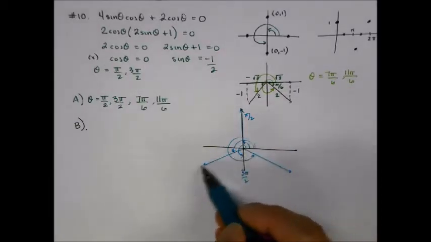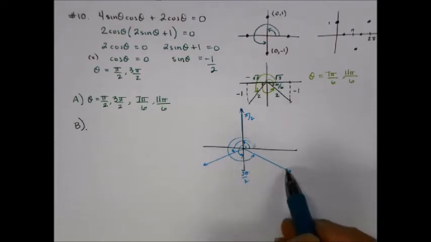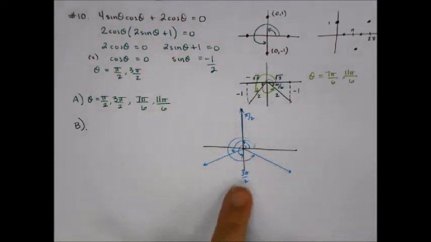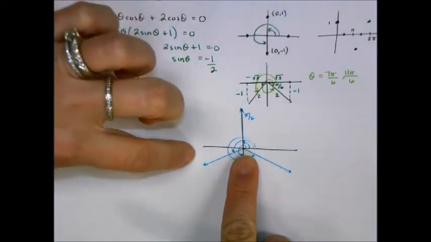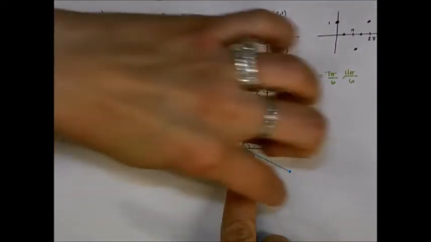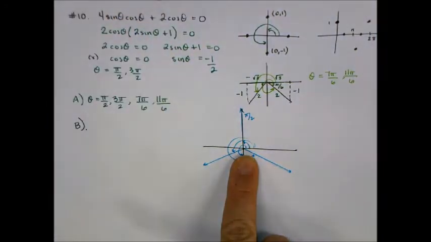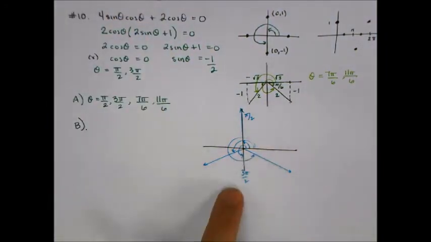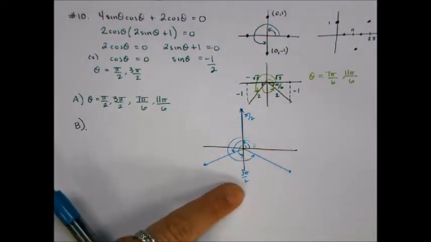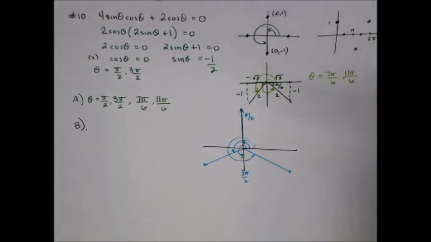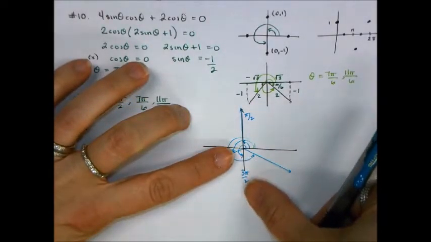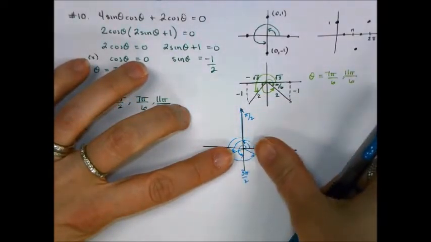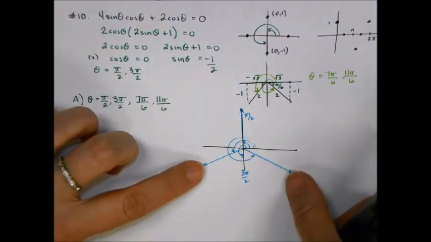But you might notice that except for 3 pi over 2, these three are equally spaced apart. So you could write one equation involving these three, and then also 3 pi over 2 would have its own equation. Otherwise, your only option is to write one equation for the two that are directly across from one another, and then for the two remaining here, you'd have to write a separate equation for each one.